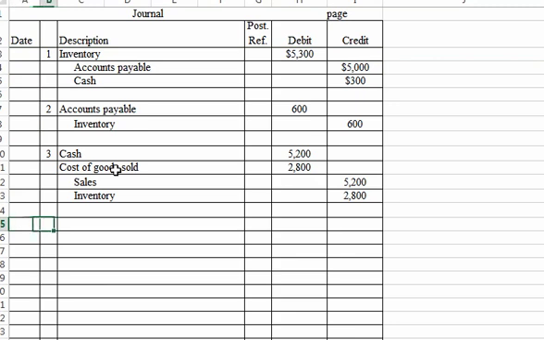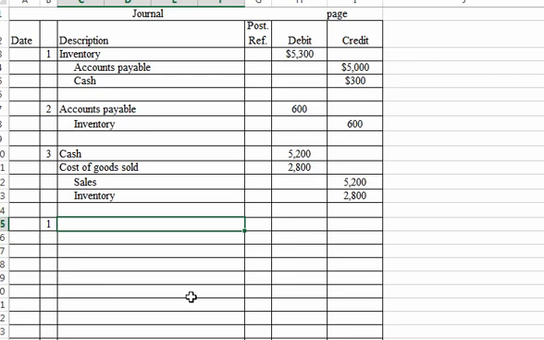Now let's go to exercise 8-2. Same transaction as one above. This is on top of page 458. But now they're using a periodic inventory system. John's purchased merchandise on account for $5,000. Freight charges of $300 were paid in cash.